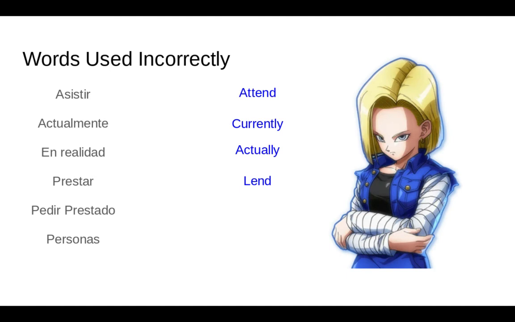However, if I need something, if I want to talk about myself, then we need to say borrow. Can I borrow a computer, please? So let's look at that again. Teacher, can you lend me a computer? Or teacher, can I borrow a computer? Okay.